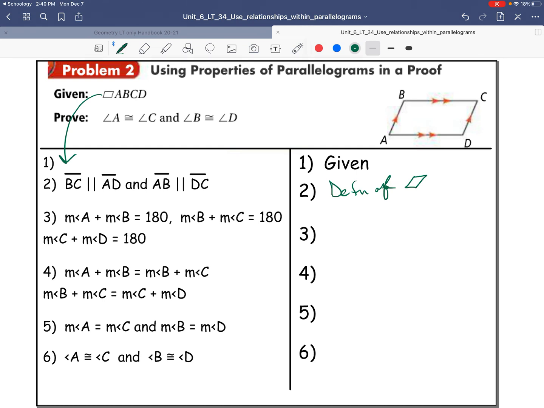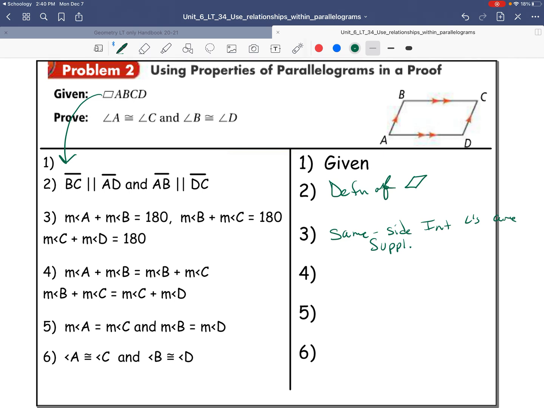Now, what allows you to say that A and B add up to be 180, B and C add up to be 180, and C and D add up to be 180? These are because same side interior angles are supplementary when lines are parallel. And those are all sets of same side interior.